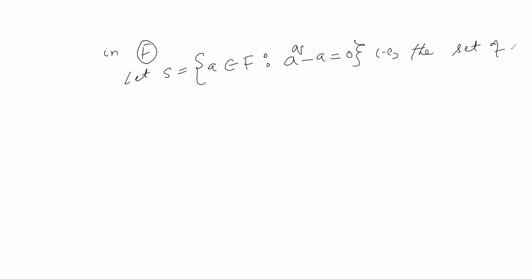Now let S be the collection of the roots of this polynomial in F. Let S be the set of a in F such that a raised to power q minus a equals 0, that is to say, the set of roots of the polynomial.